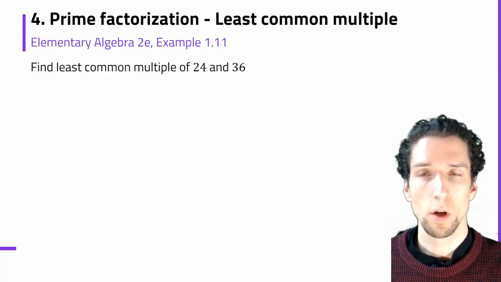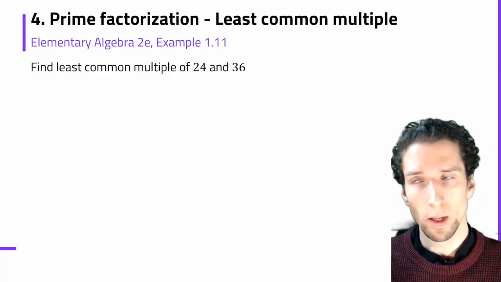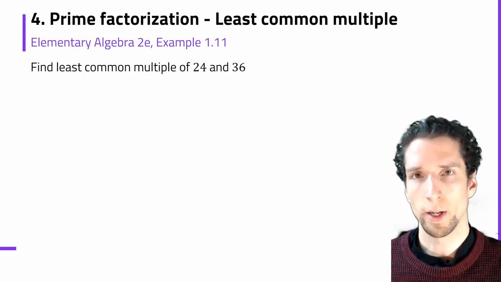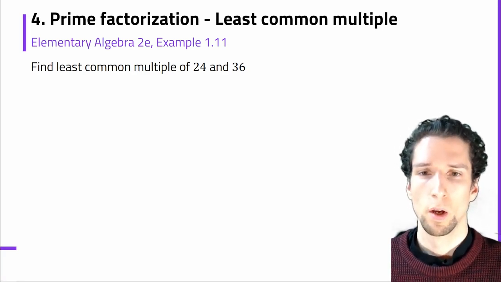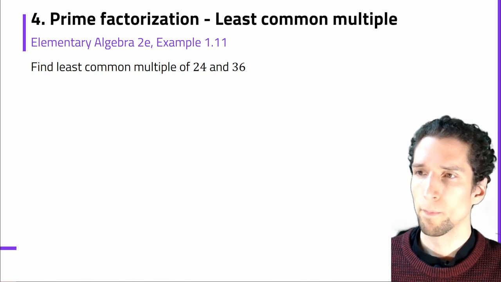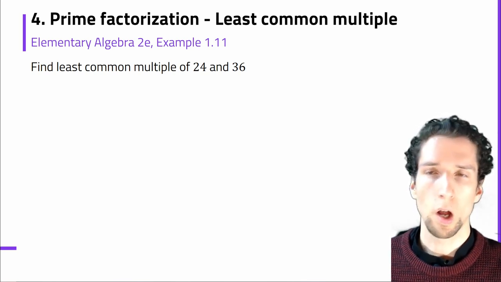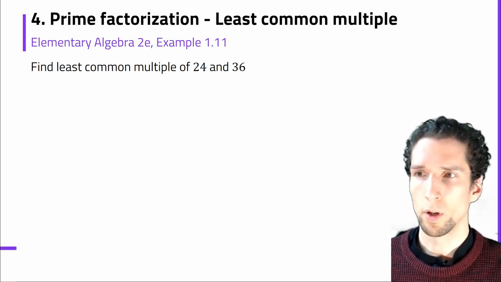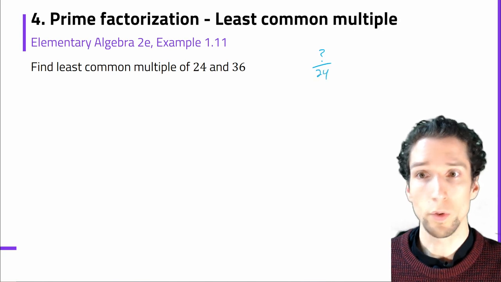All right, let's go on to the last 2 sets of examples, trying to actually put this into use and do something practical with it. Finding a least common multiple for 2 numbers. Just to remind you, least common multiples are useful in lots of places.